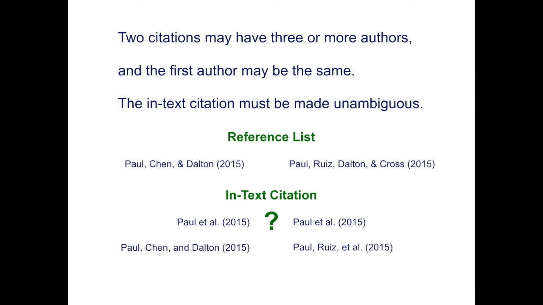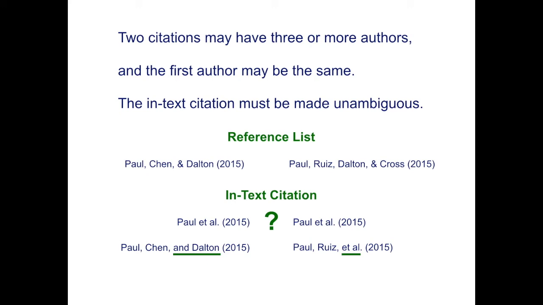So our first one is going to be Paul, Chen, and Dalton, 2015 for the in-text citation. And my second one is going to be Paul Ruiz et al. Notice that I am not going to use et al. for and Dalton.